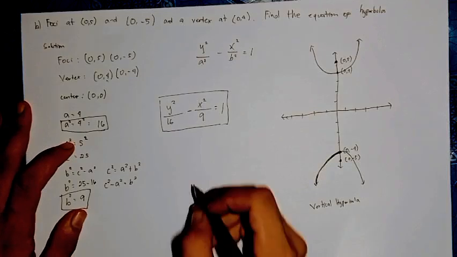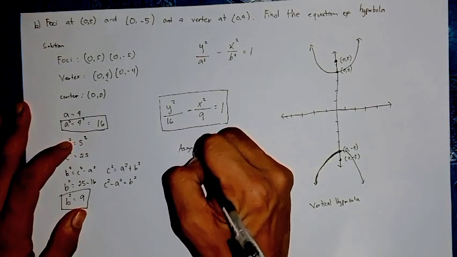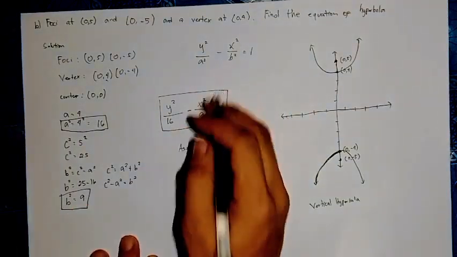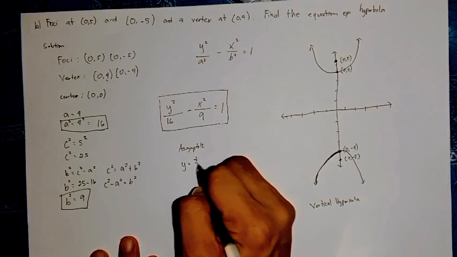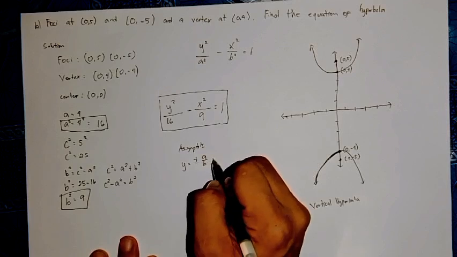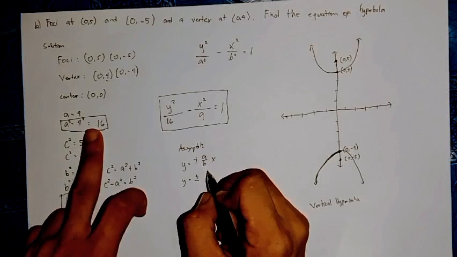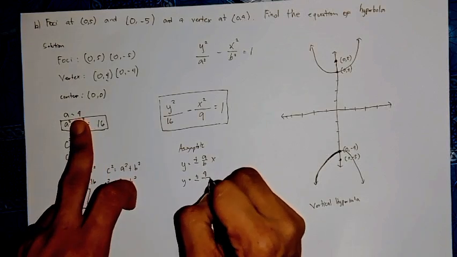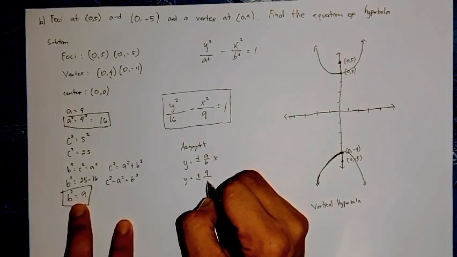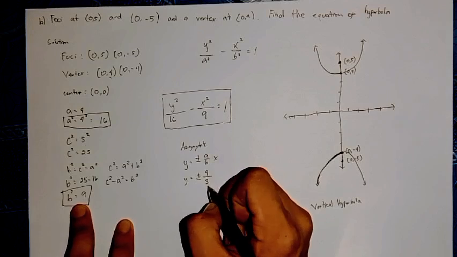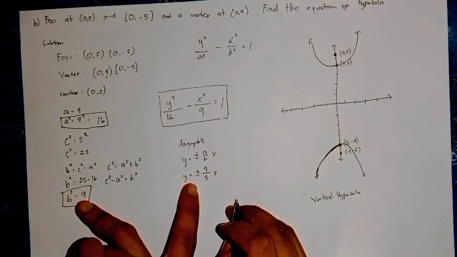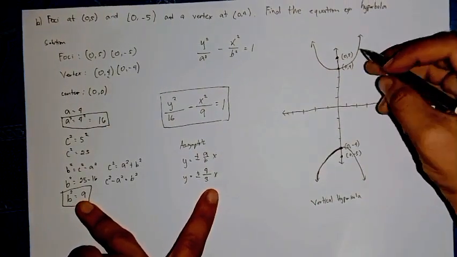To find the asymptote, we will use the formula y is equal to positive negative a over b x. Just substitute. a is equal to 4, right? And our b is equal to 3, since the square root of 9 is 3. So therefore, our asymptote slope is 4 over 3, around 1.33.